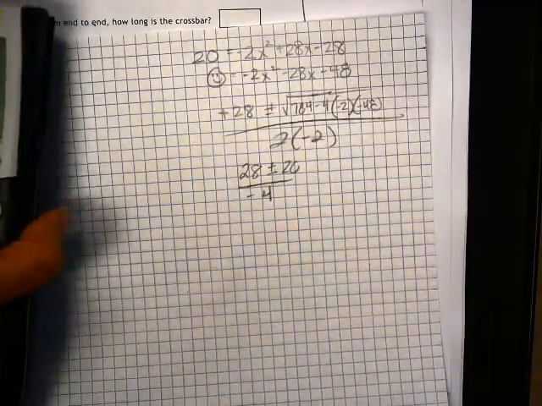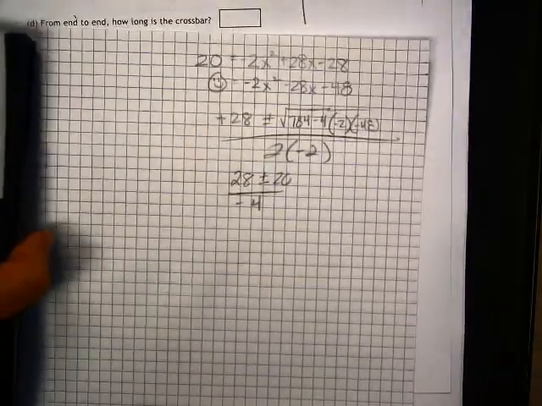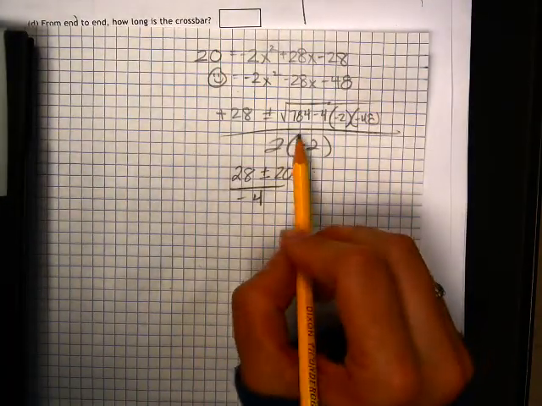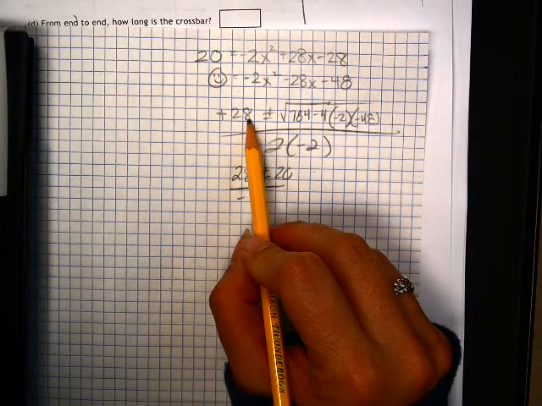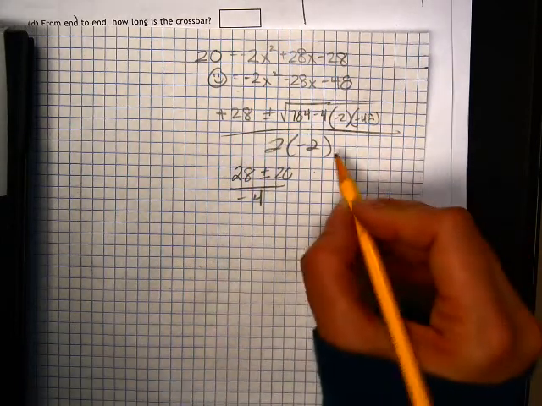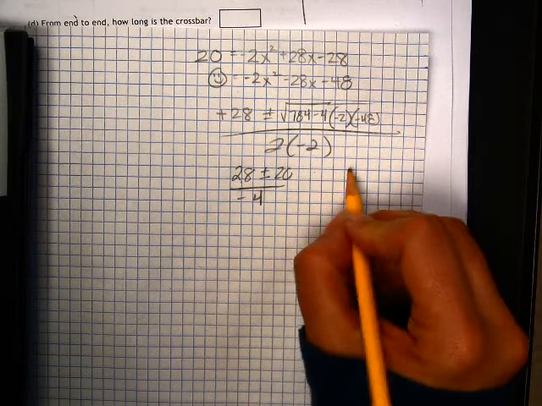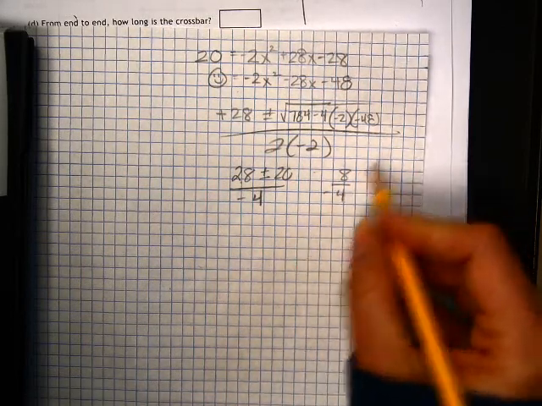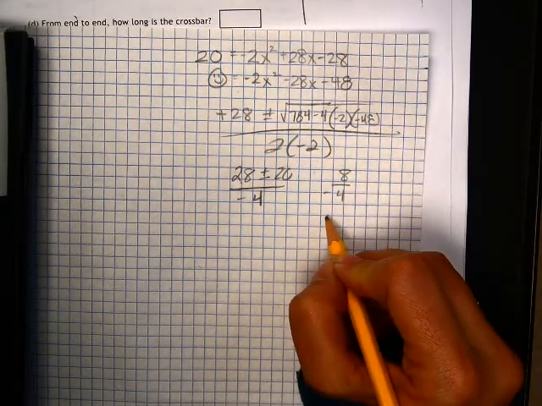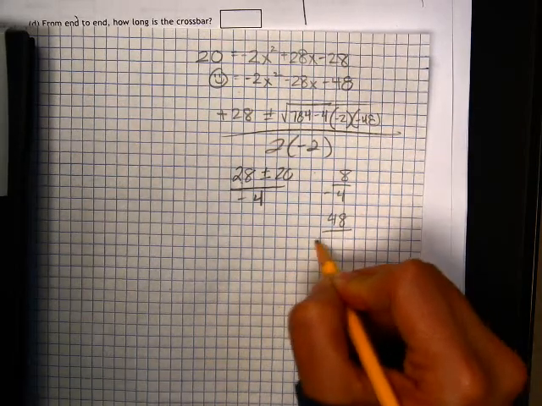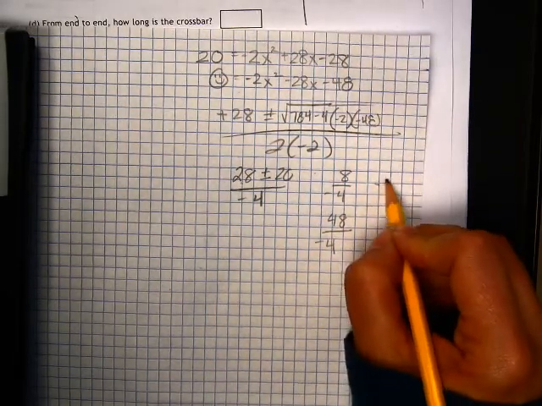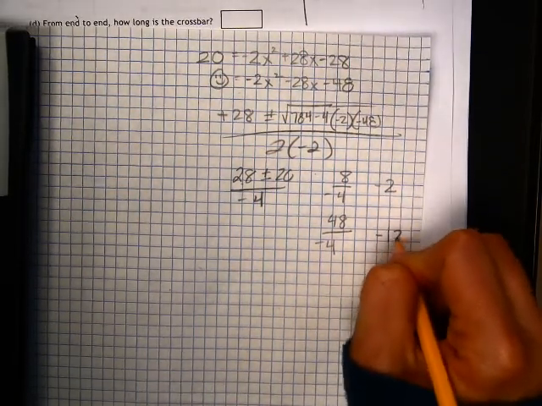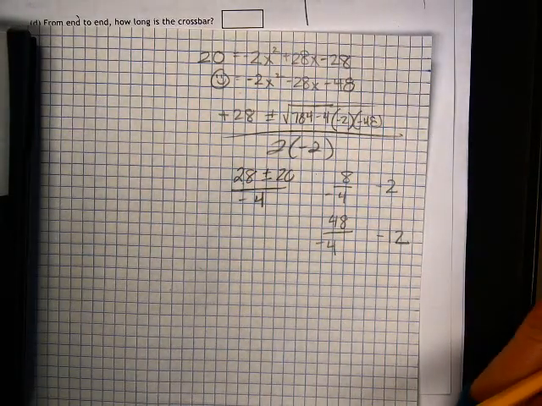It's kind of weird, isn't it? Well, let's just do it. So 28 minus 20 is 8 over negative 4. And 28 plus 20 is 48 over negative 4. So this is negative 2 and negative 12. Why am I getting negatives?